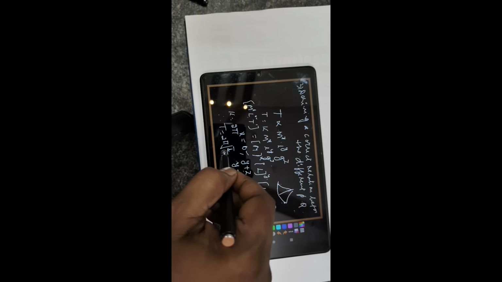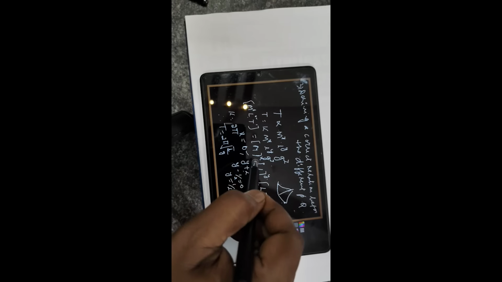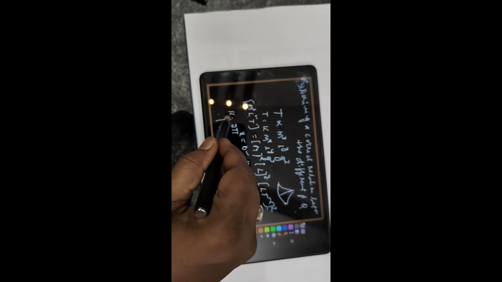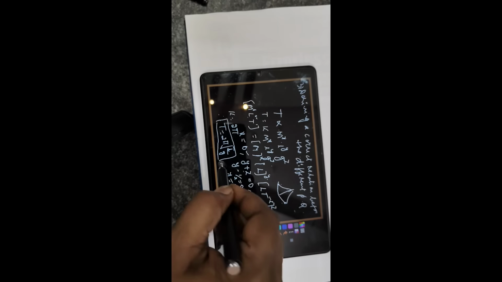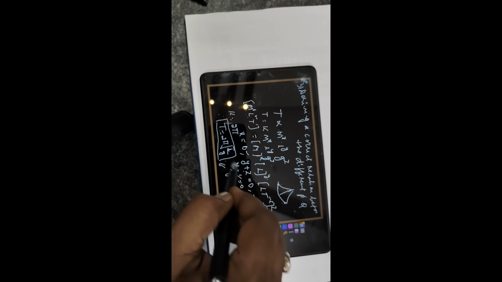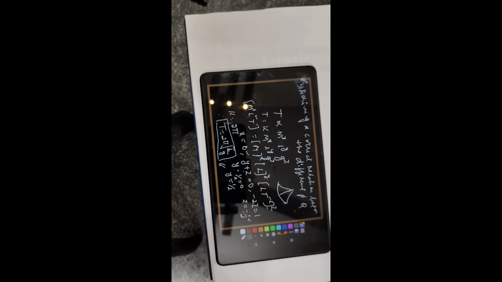So it will be in the denominator but under the root. So the time period for a simple pendulum, we have got the equation as T equal to 2 pi under root of L upon G.